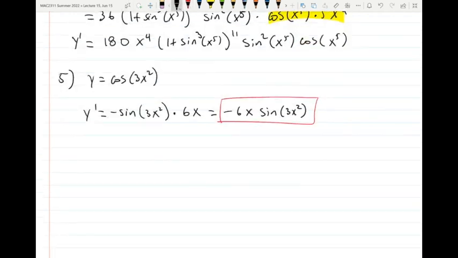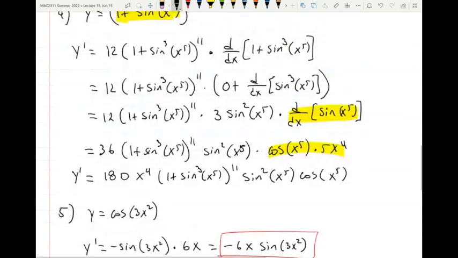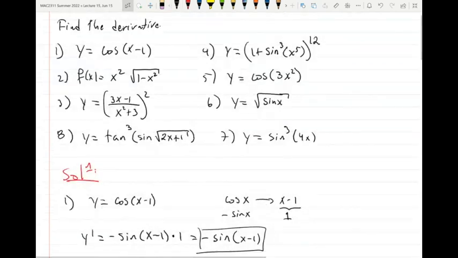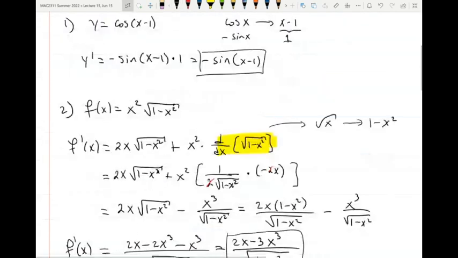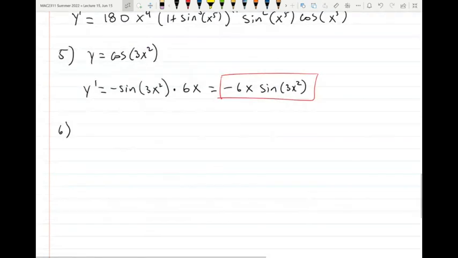All right, so questions? And number 6. That was square root of sine. So here we can use the chain rule because we remember the derivative of the square root of x. But if you don't remember it, my advice is write this as sine of x to the 1/2 and then use the general power rule. Okay? However you want.